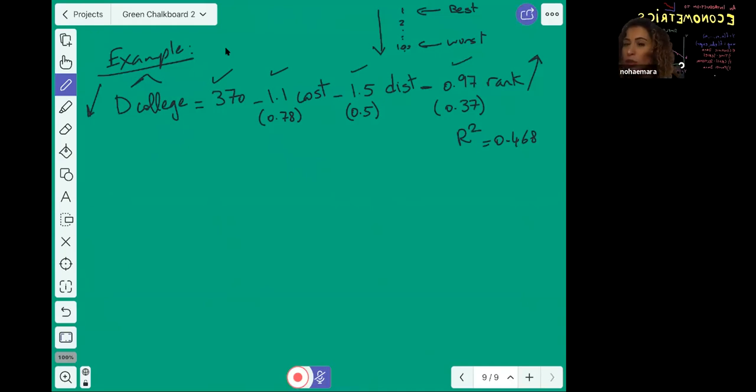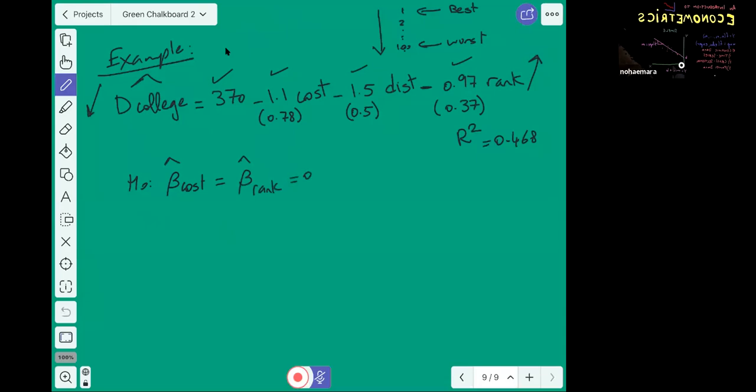Next, let's say you want to find out whether, if I restrict this model by testing whether I need to remove beta cost, I'm going to call it beta cost instead of beta 1, just for simplicity, and then beta hat rank are equal to 0.